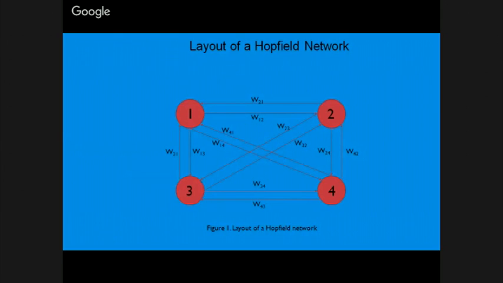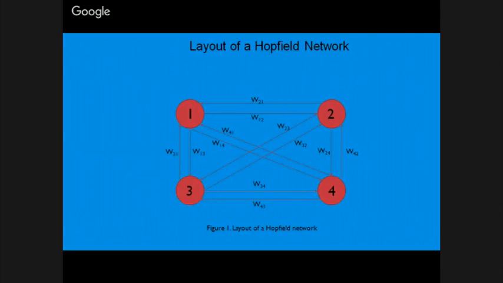That means the activation for the first neuron will be determined from the first column in the weight matrix, because the first column would have W11 which would be 0, then W21, W31 and W41. Similarly, for the second neuron the second column will be used to determine the activation, for the third neuron the third column, and for the fourth neuron the fourth column.